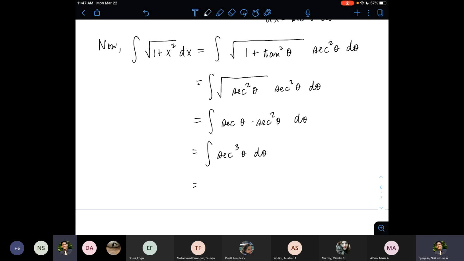Unfortunately, I am not good at memorizing. I hate memorization. That's why I'm ready to evaluate this manually. So let me just take a peek and look at what's the integral of secant cube.